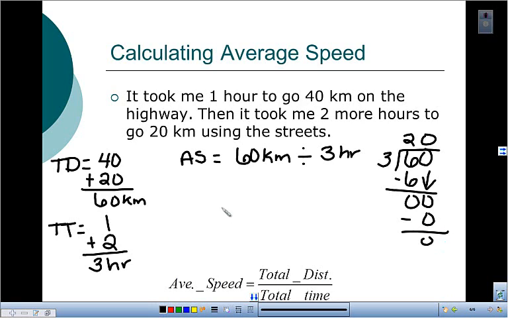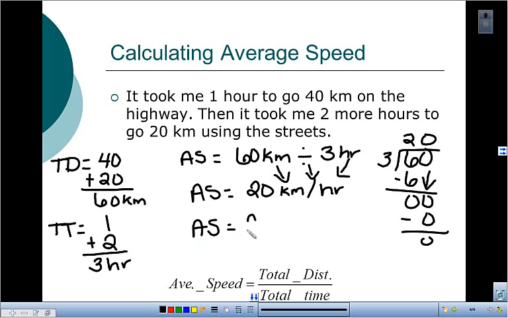That gives me the end. So my average speed will be 20. Bring down my distance unit, which is kilometers. Bring down my divided sign, per. Bring down my speed unit, hour. So my average speed equals 20 kilometers per hour.